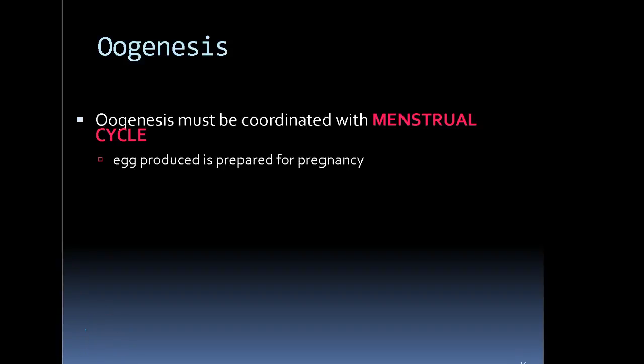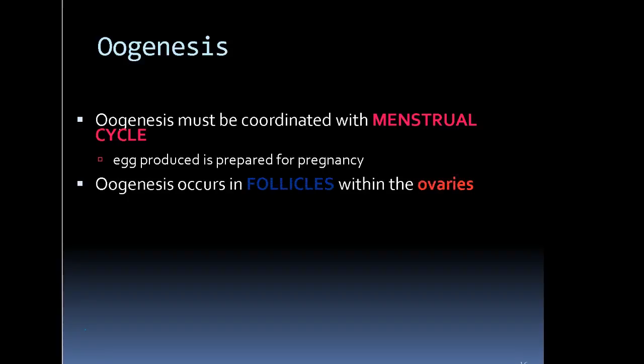Alright, so again, we said each egg, ovum, secondary oocyte that is being prepared is being prepared for pregnancy. So just like the men we looked at a minute ago, we said that the process of spermatogenesis had a specific place. Well, same thing with oogenesis.